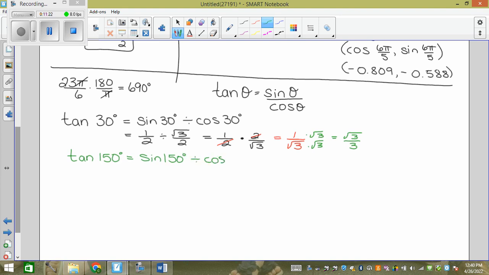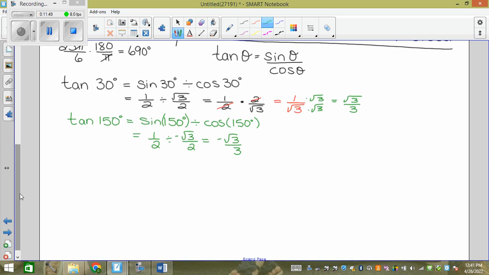Still a 30-degree reference angle, do we agree? Sine of 150 happens to still be 1/2, but cos of 150 is negative root 3 over 2. So what are we going to end up with as an answer? Negative root 3 over 3. Same answer though, but it'll just be negative root 3 over 3. Do you see how the 30-degree reference angles for tan are all root 3 over 3s? Some are just positive and some are just negative.